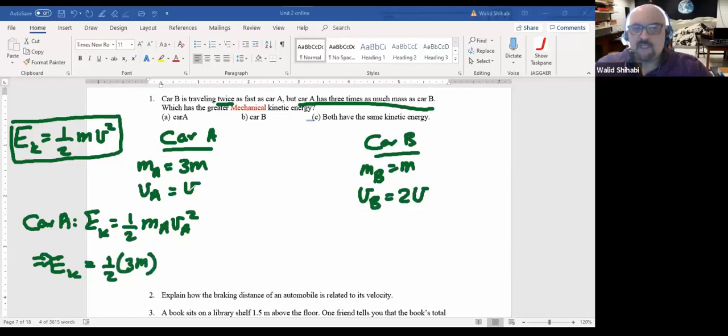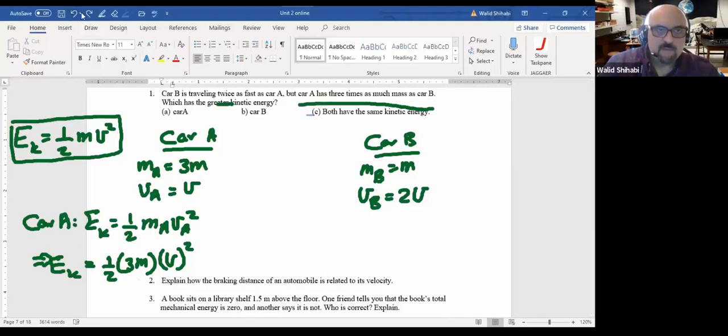And the velocity of car A is what? Is V. So it's V squared. Okay. So this will give you what? This will give you for car A, it will be 3/2 MV squared, right? 3 times 1/2 is 3/2 MV squared, or 1.5. You can write it as 1.5.